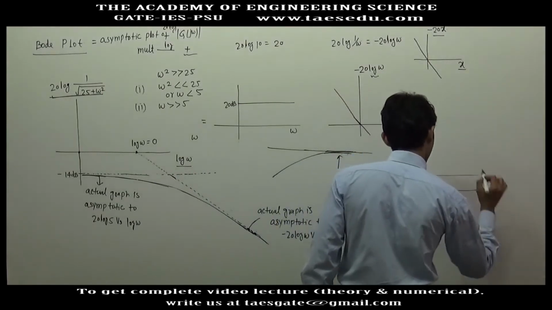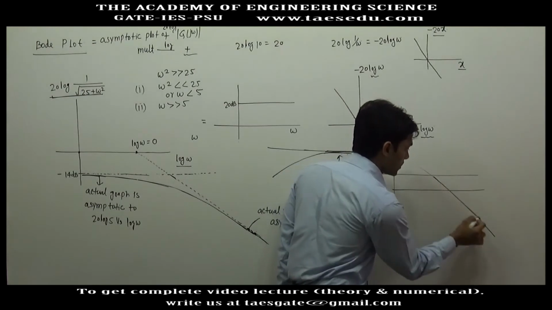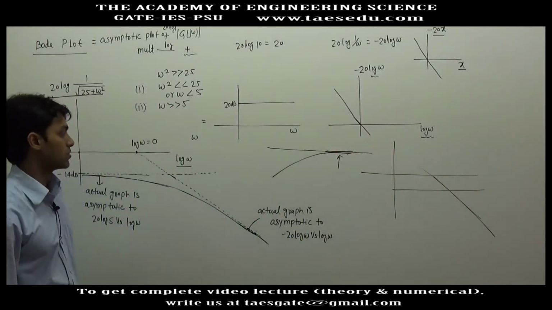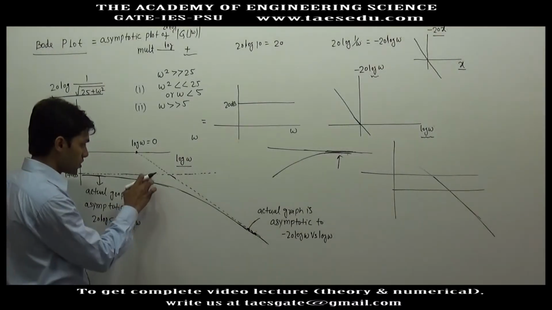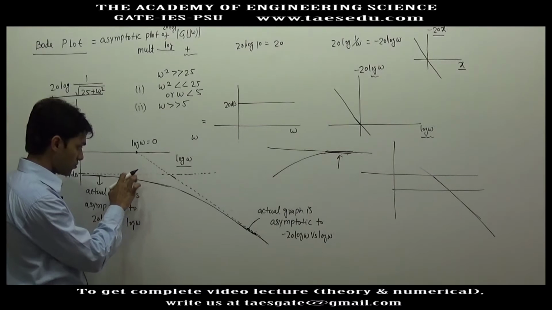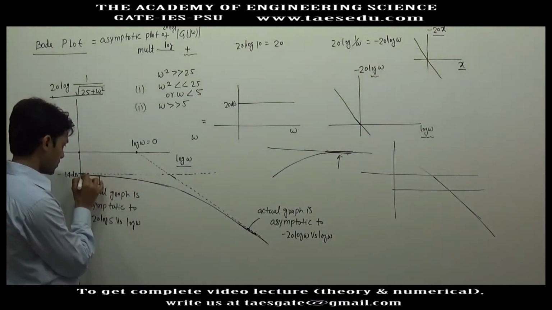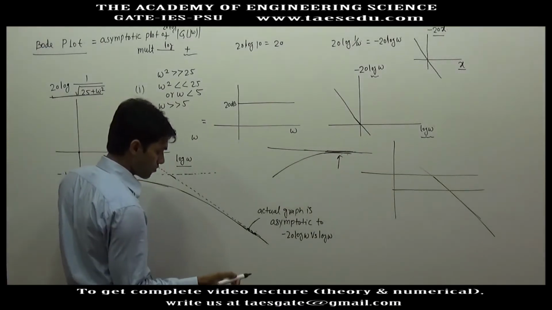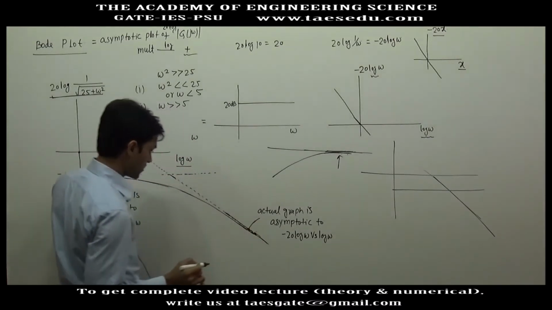The first is a constant line, the other is a straight line with minus 20 dB per decade slope. Now we have to choose which asymptote to plot for which range, because initially this graph looks valid, and for high values of omega this graph looks valid.